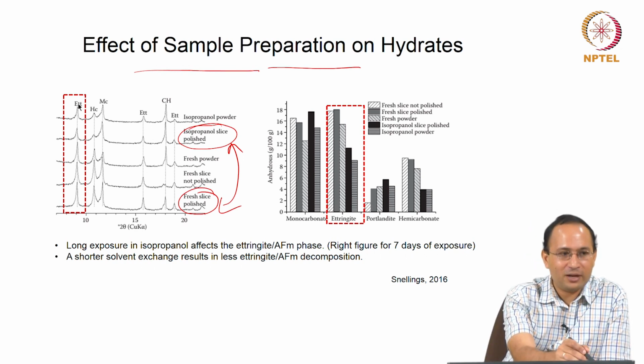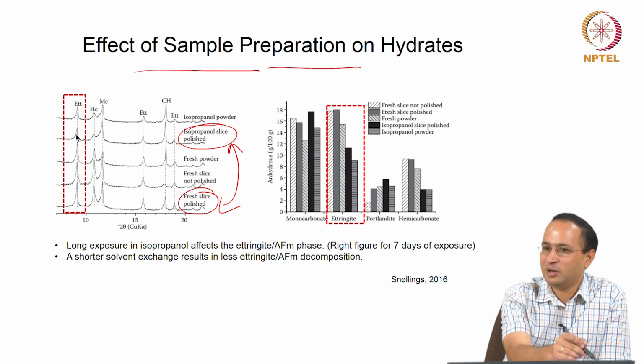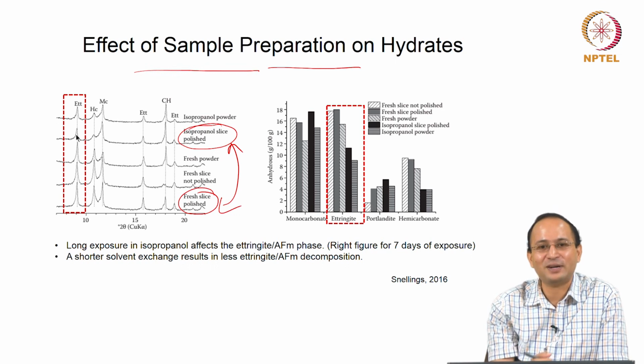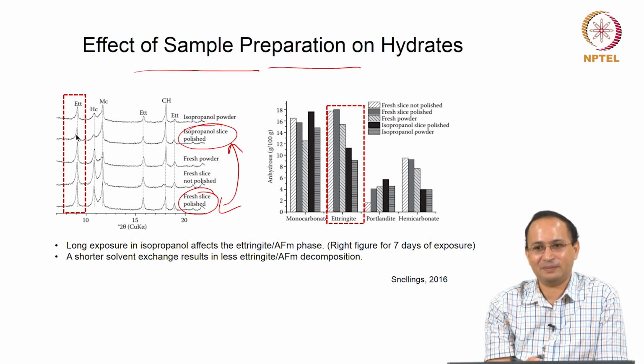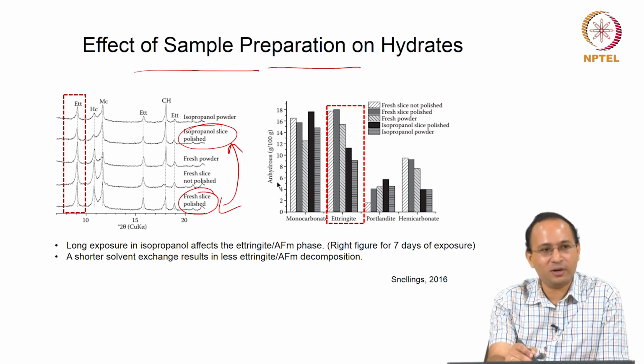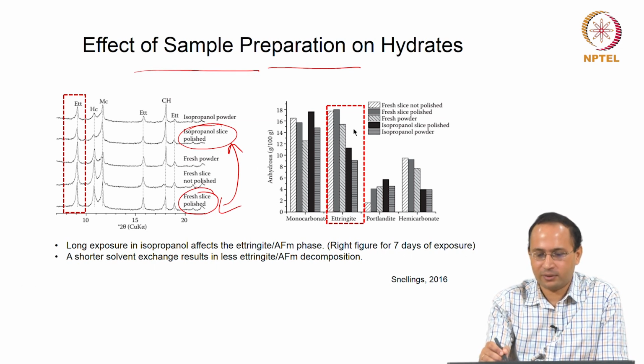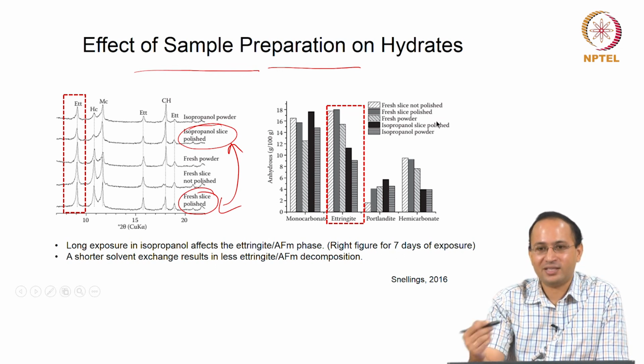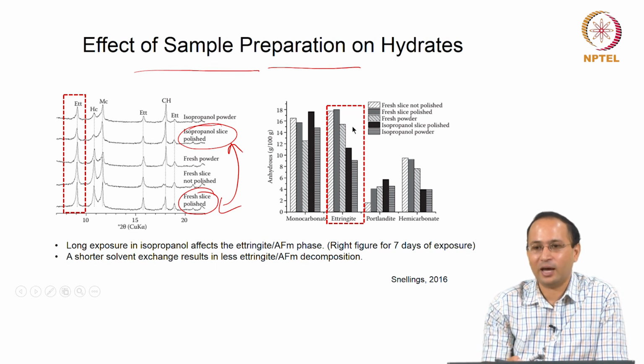If you look at the ettringite peak, the intensity has reduced significantly. So, just using X-ray diffraction you can tell that your ettringite phase may have been affected by this treatment. You can also quantify it; on the right plot, you see here we have amounts like anhydrous amounts. So, you can see how the sample preparation affects your amount.